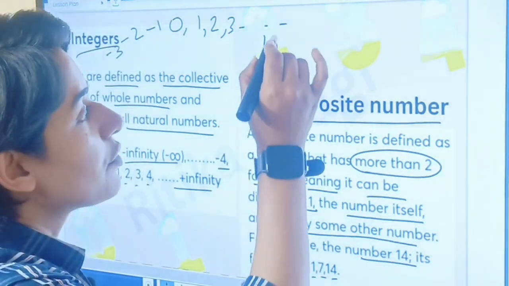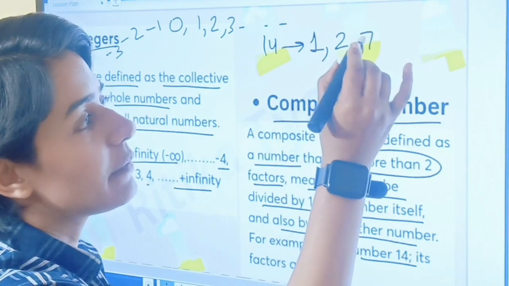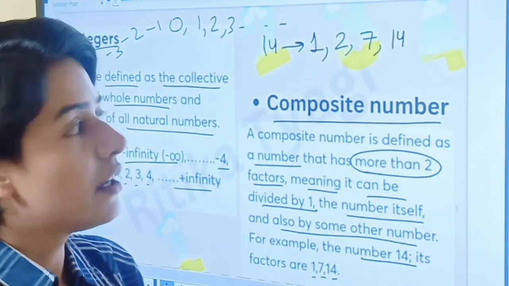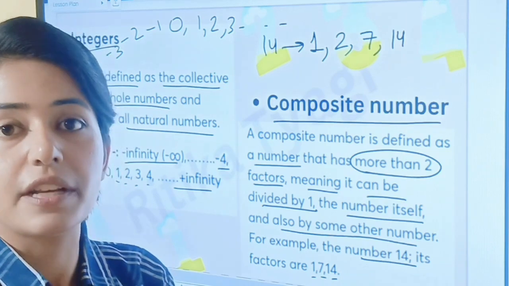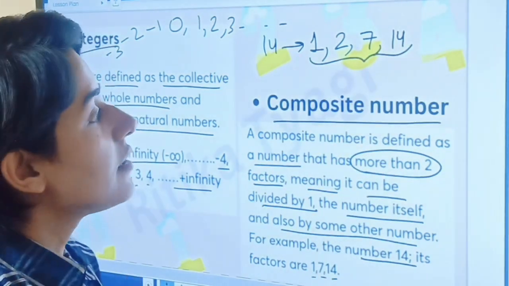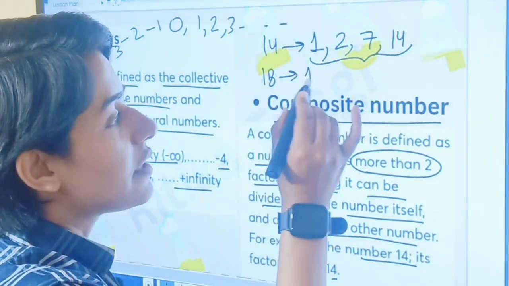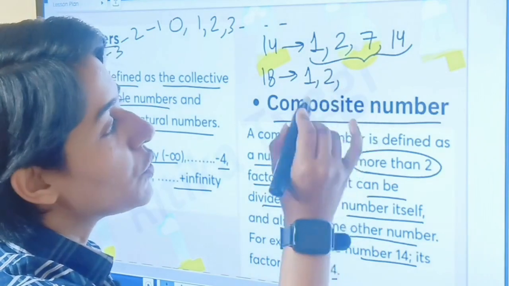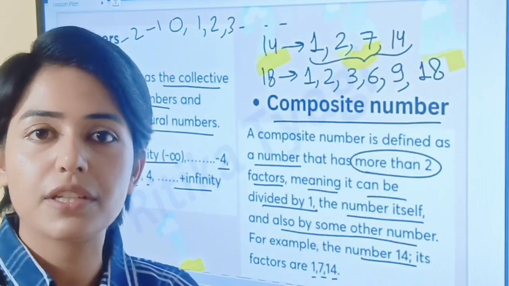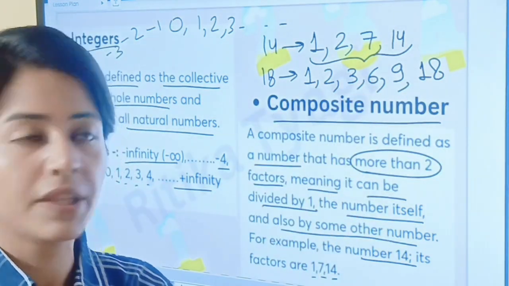So 14 is a composite number because it is divisible by 1, 2, 7 and itself. Similar to this, 18 is also a composite number because it is divisible by 1, 2, 3, 6, 9. So the numbers which have more than 2 factors are all composite numbers.